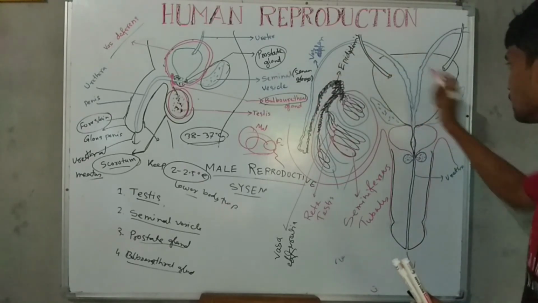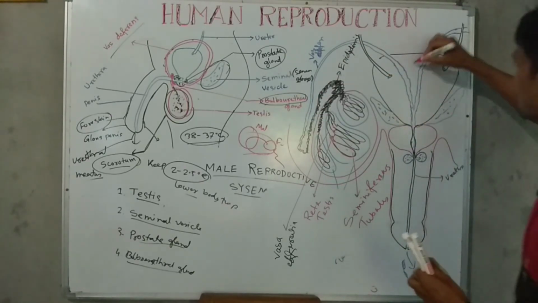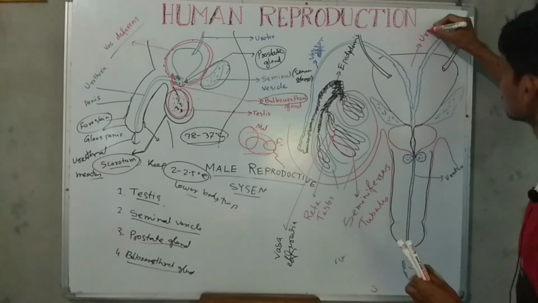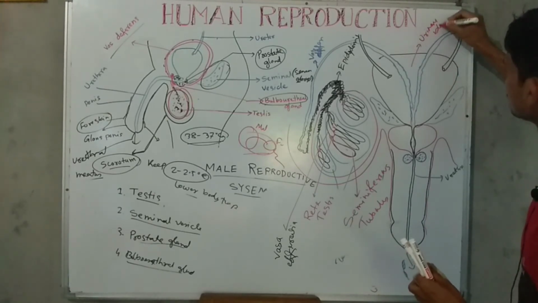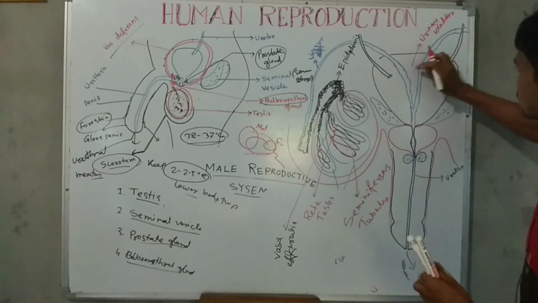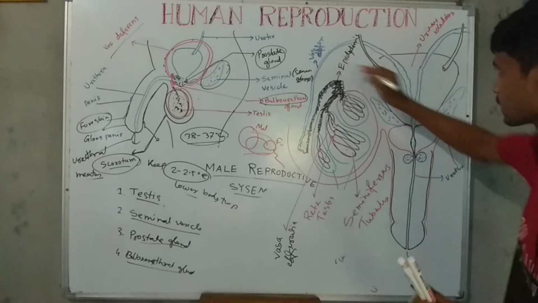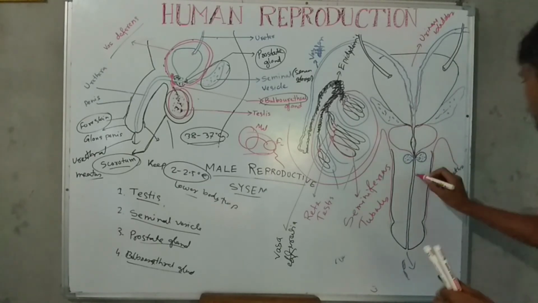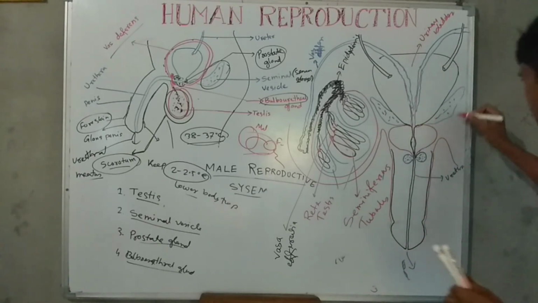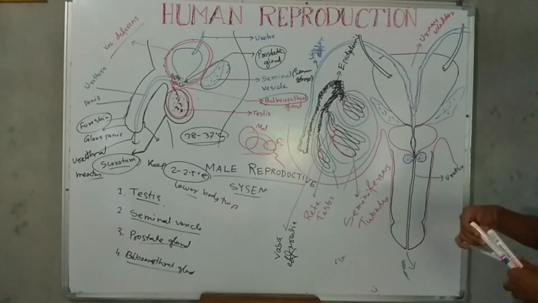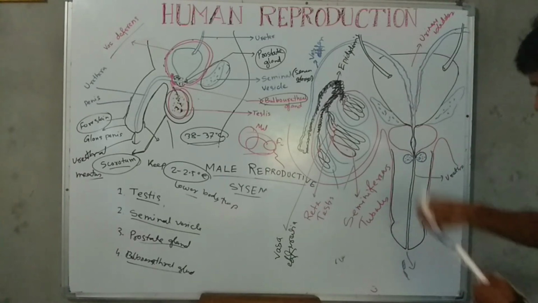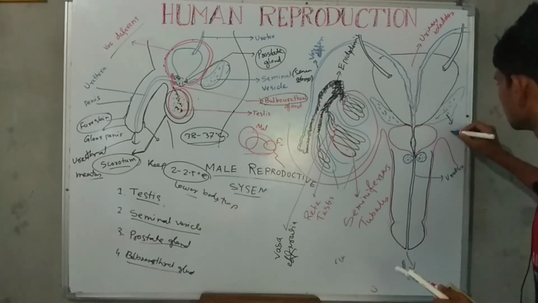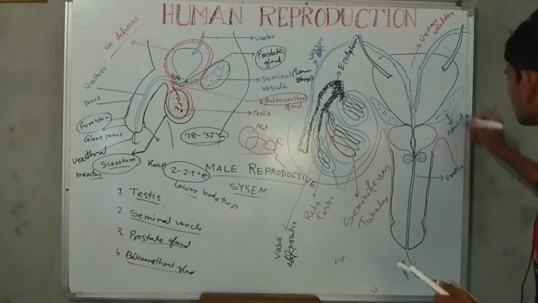Here you can see the urinary bladder, and above this urinary bladder comes the vas deferens. Then the vas deferens comes into the urethra. And here this is the seminal vesicle.